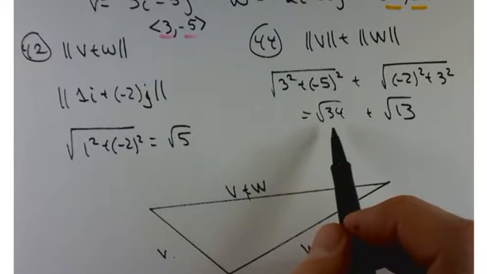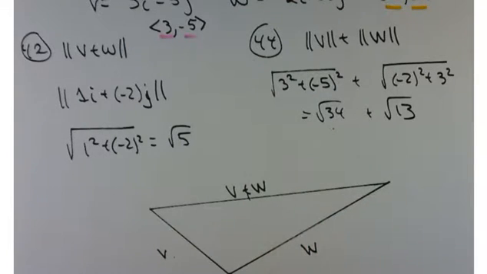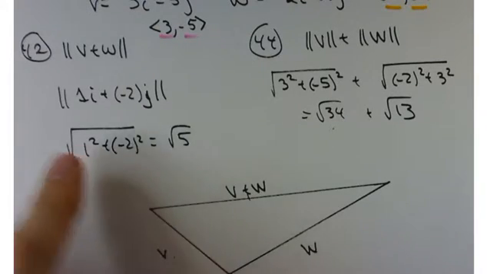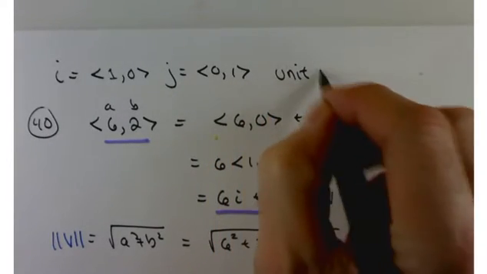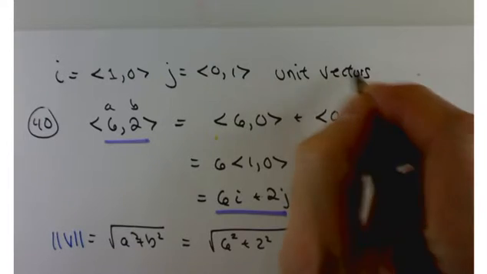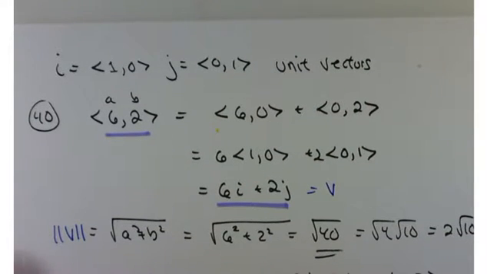Coming back to here. Are we okay with the calculation of the distance of something? Earlier I mentioned that i and j were unit vectors. Let's understand why.